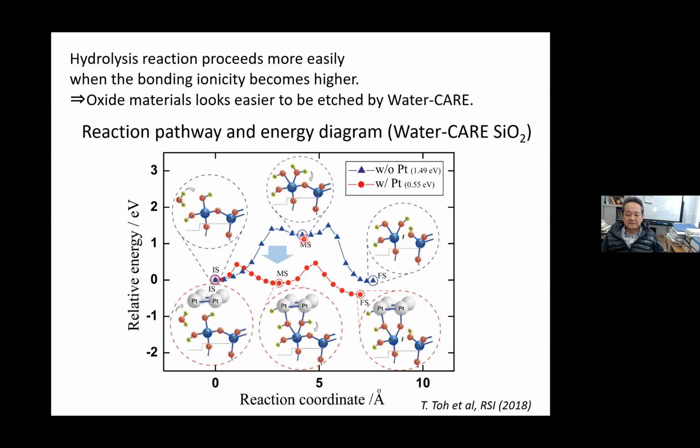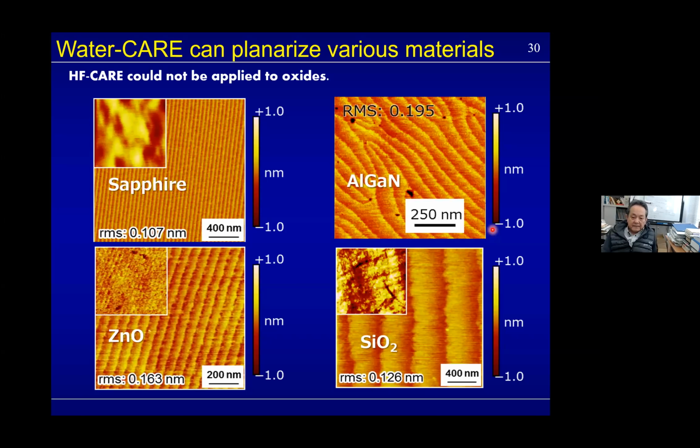So it is a kind of evidence that glass material cannot be dissolved into the water automatically if there is no catalyst.